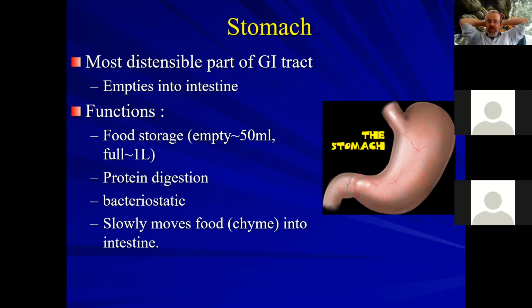Granted, people have diabetes and high blood sugar, but by stalling the food, we don't get the surge going into the intestine and being absorbed at once, which helps regulate it more effectively.